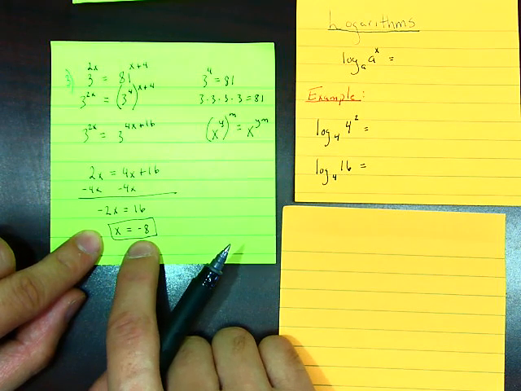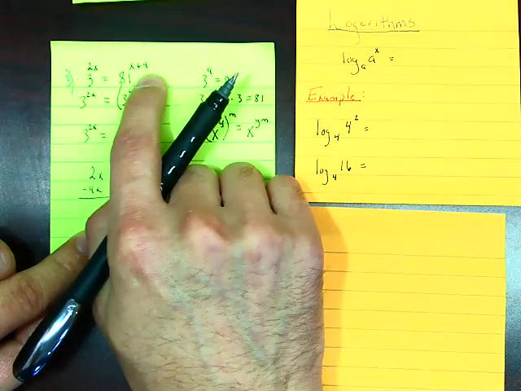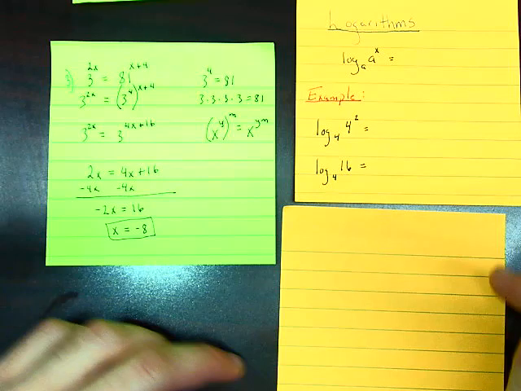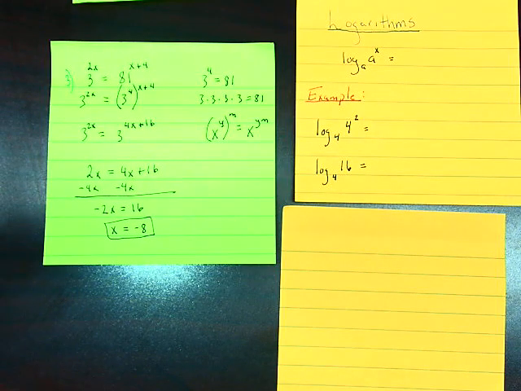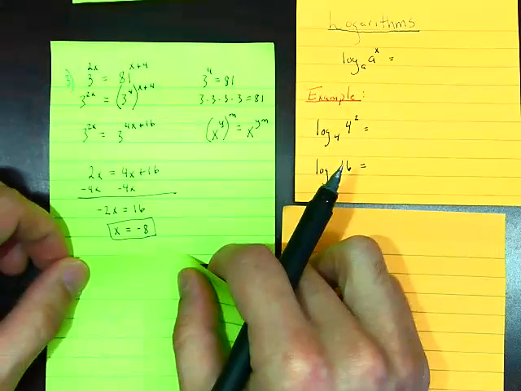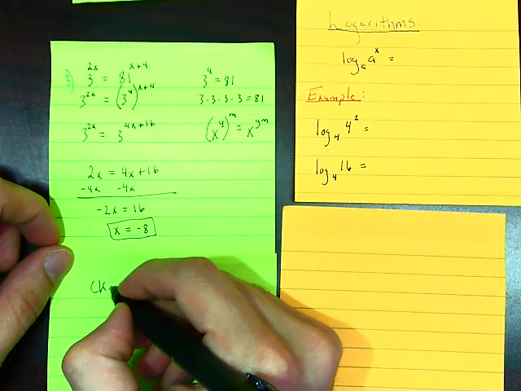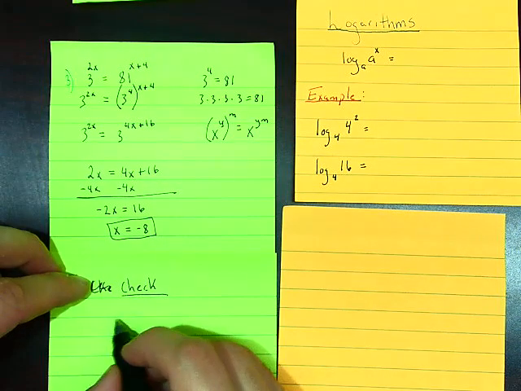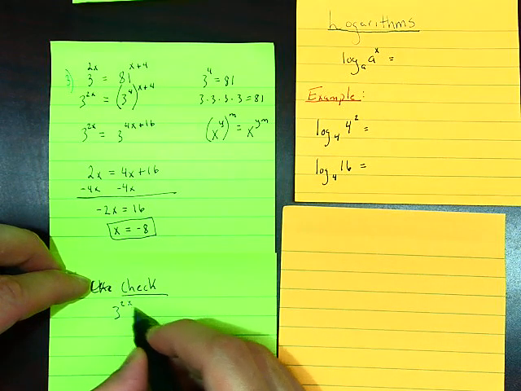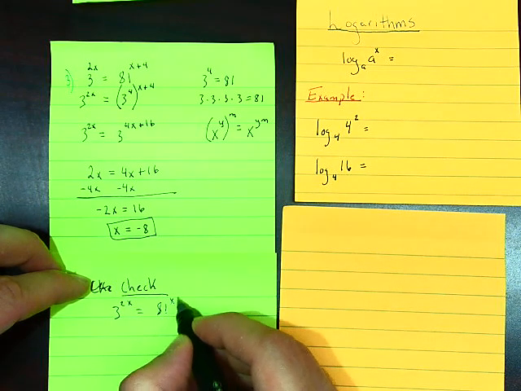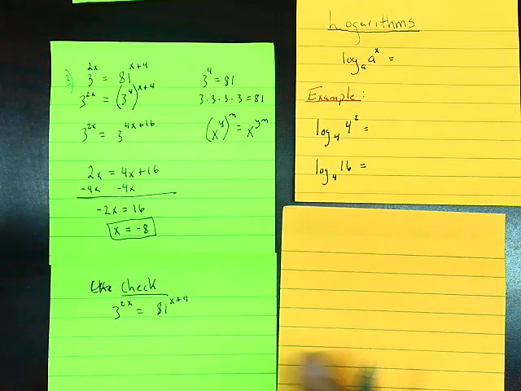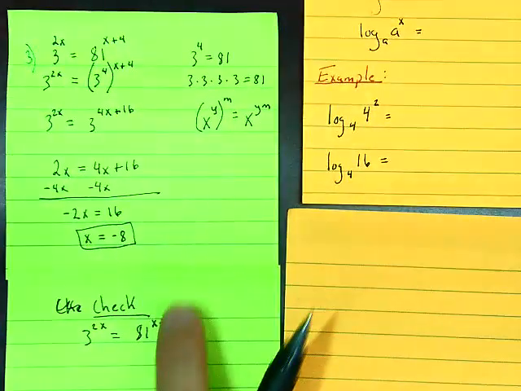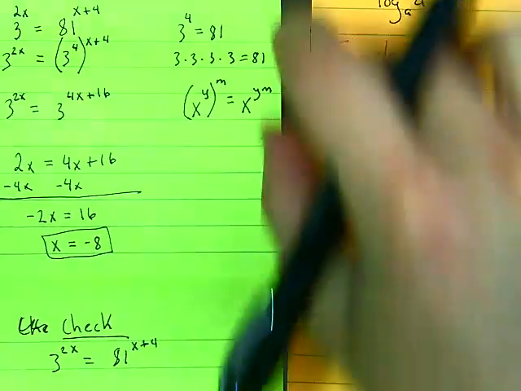And why does negative 8 work when I plug this into the original? Well, let's just take a look at this for 1 second. This is a check. Okay, so here, if I have 3 to the 2x is equal to 81 to the x plus 4, what do I want to do? I want to check to see if this negative 8 works when I plug it in.